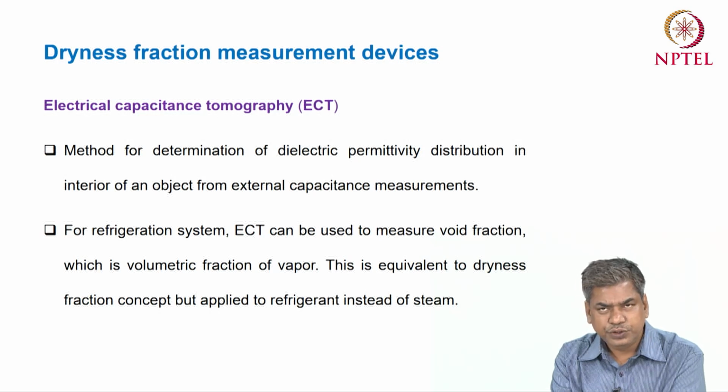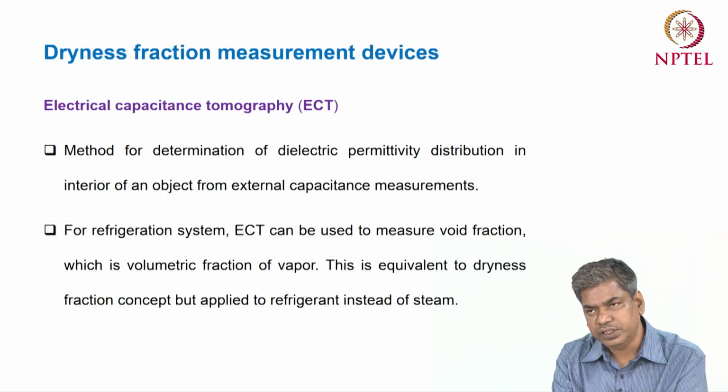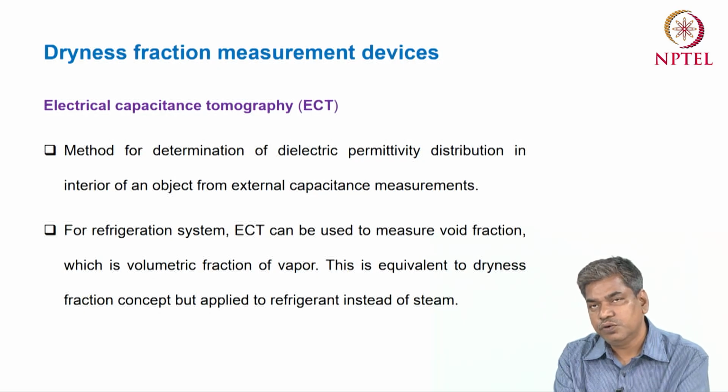If that is a single phase, then by measuring pressure and temperature we can easily estimate the density. But if the condition is two-phase, pressure and temperature are not independent. So by measuring pressure and temperature we will not be able to estimate the resultant density of the mixture.